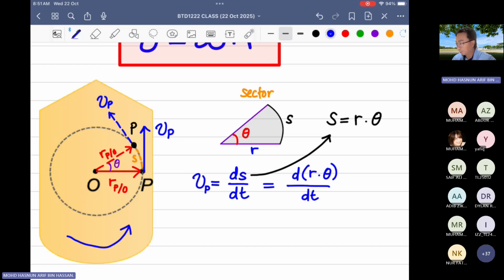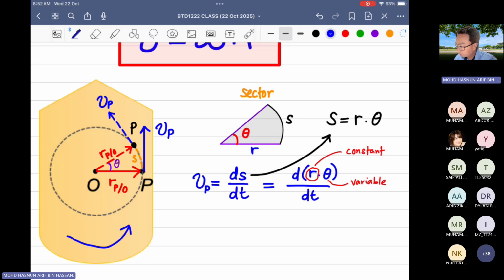Now we know R is constant. R is not changing. So the constant component, you can bring outside in front. The theta here is not constant. This is variable, always changing with respect to time.